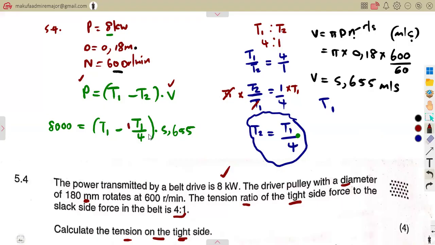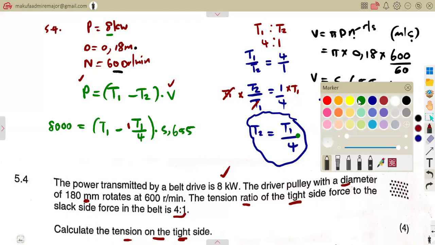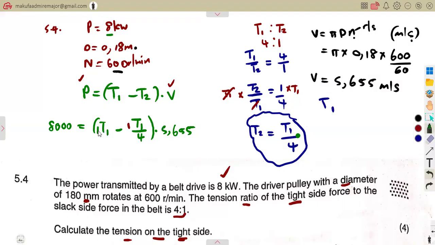Guys, 1 over 4 is simply 0,25. So you can even subtract these two. These are like terms, T1 and T1. So you can subtract 1 minus 1 over 4. That is 8,000 is equal to 1 minus 0,25, which is 0,75. So we've got 0,75 T1 times the 5,655 that is outside here.